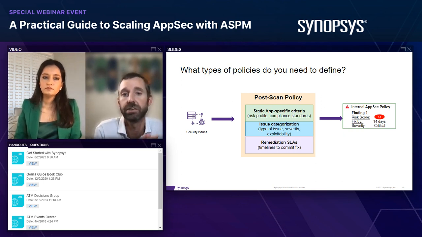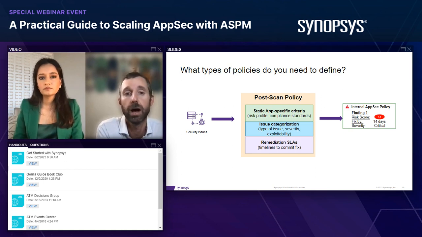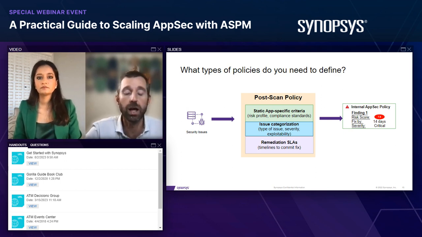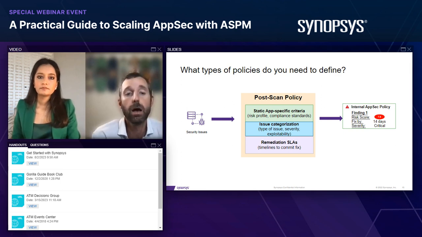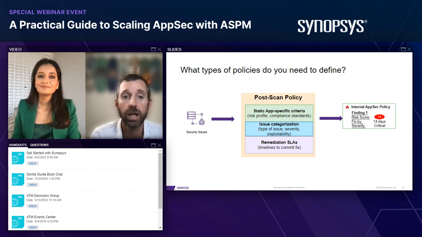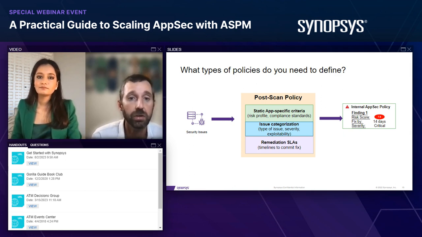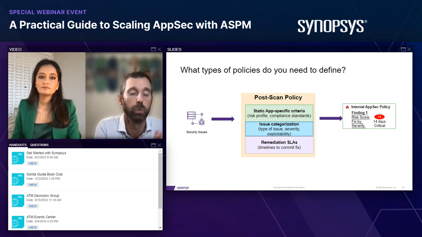And therefore, it is easier to apply a policy where you have normalized, deduplicated, and correlated all the results together. Now we can make any dimension of that normalized correlated data available to identify the issues that you care about and to then apply SLAs for when you want those specific issues to be fixed, so that we can start to actually worry about how our software is getting more secure.